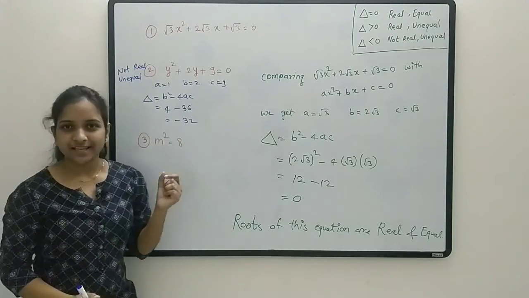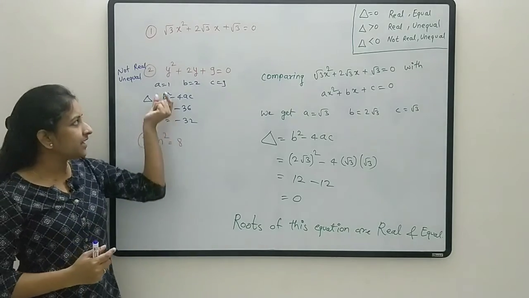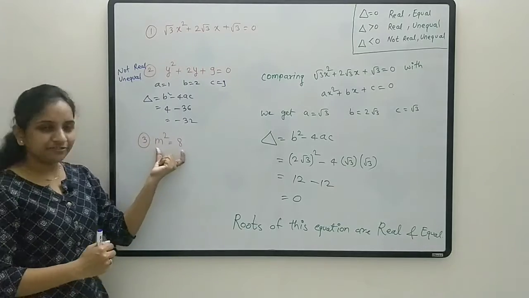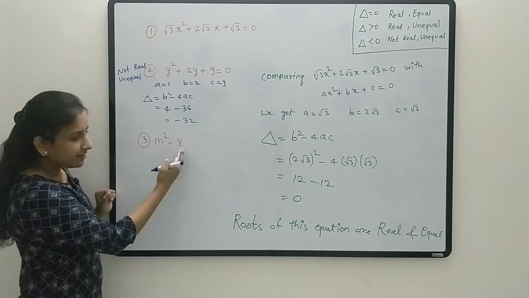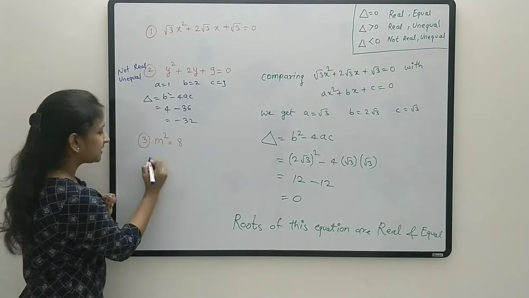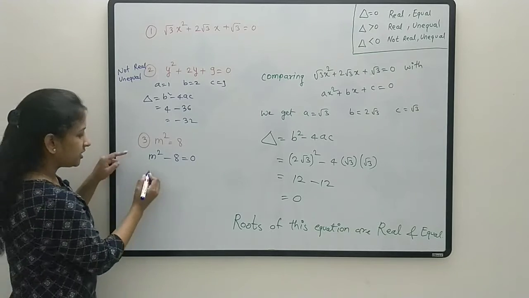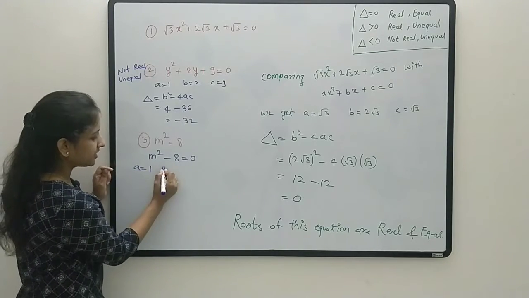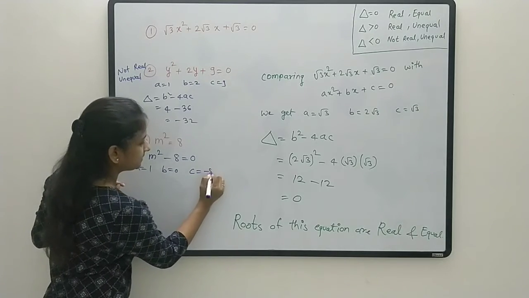Now let's solve this: m square is equal to 8. First we should find the a, b, c values. For that we should bring this equation to the standard form, so we bring this 8 to the LHS. The equation becomes m square minus 8 equal to 0. So here a is 1, b is 0, since the m term is not there, and c is minus 8.